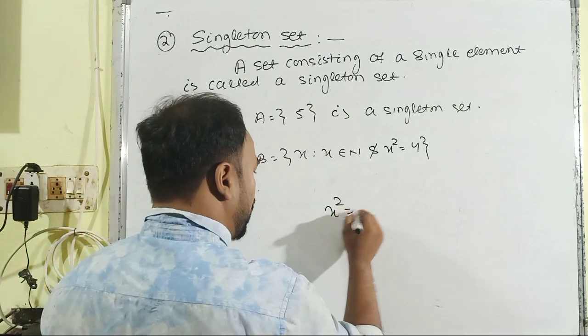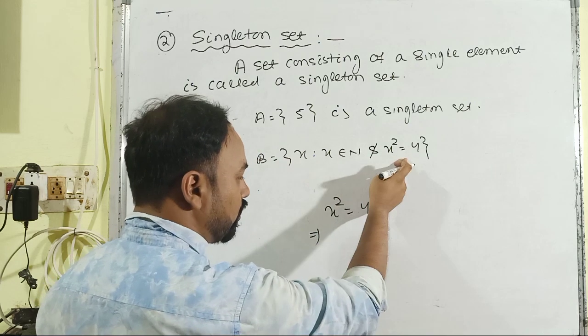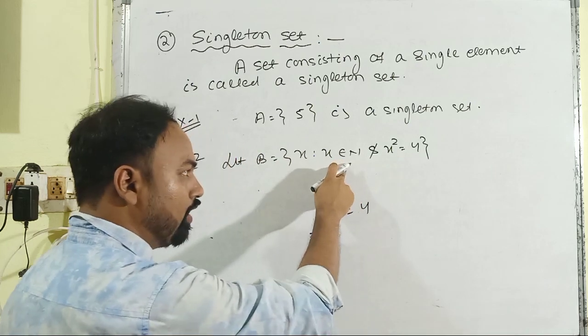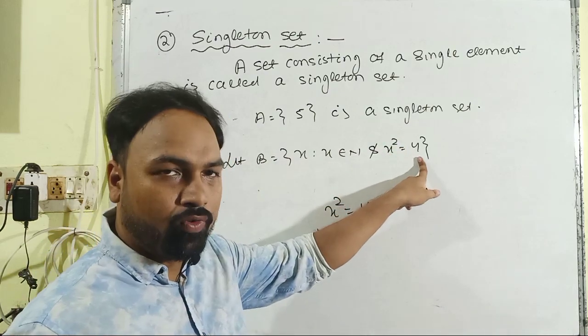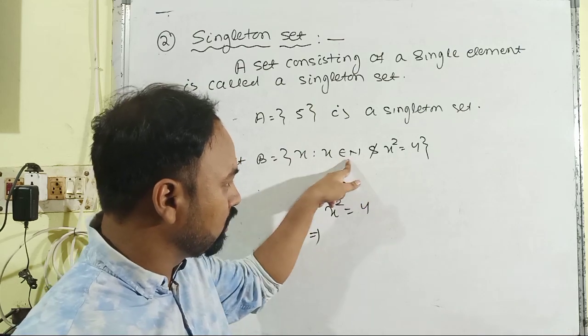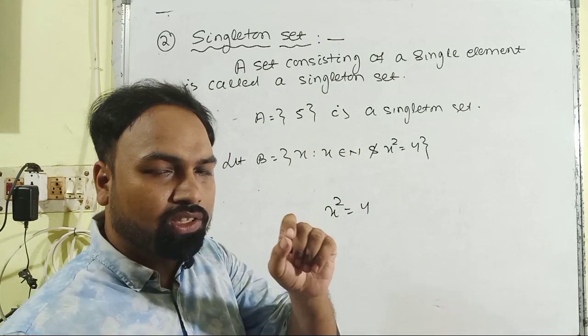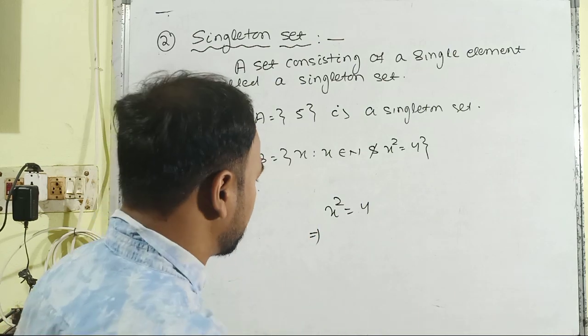We have to satisfy both conditions. It must be a natural number, and the square of that variable is equal to 4. By combining these two conditions, we have to find such numbers and prove that the set is a singleton set.